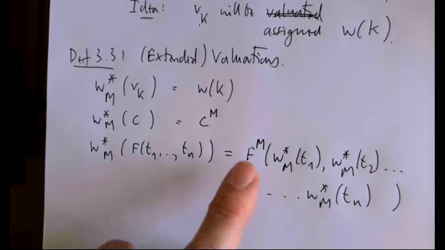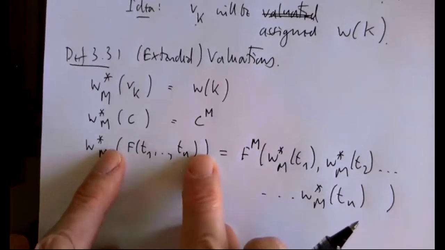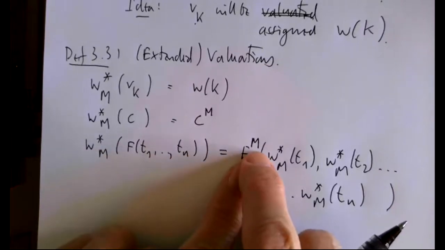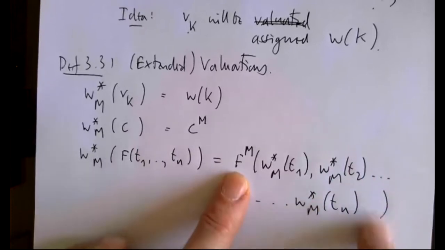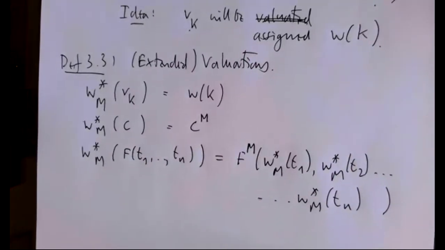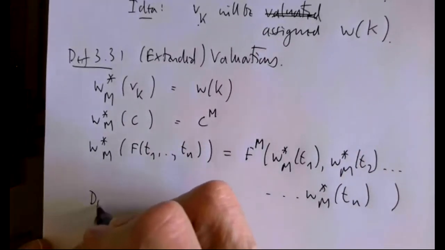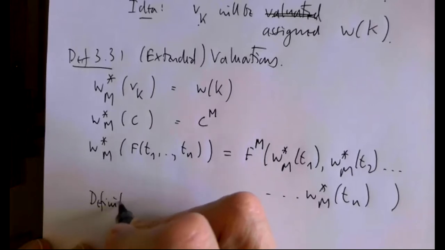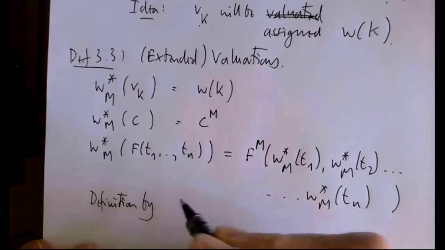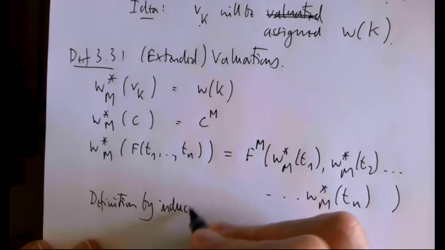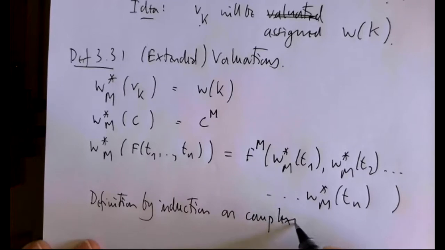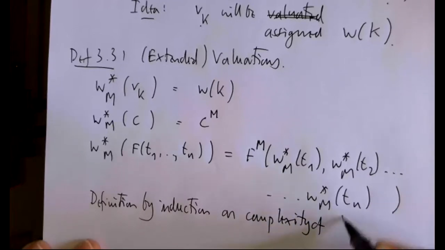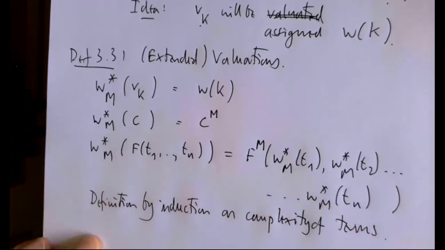And then this clause tells me the assignment to this is the F of the structure applied to the things that we already know here. So again, this is a definition by induction on the complexity of the terms.